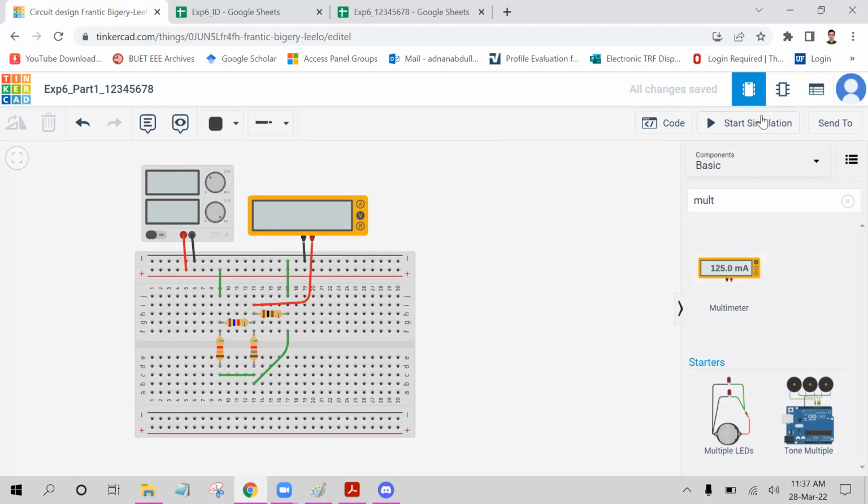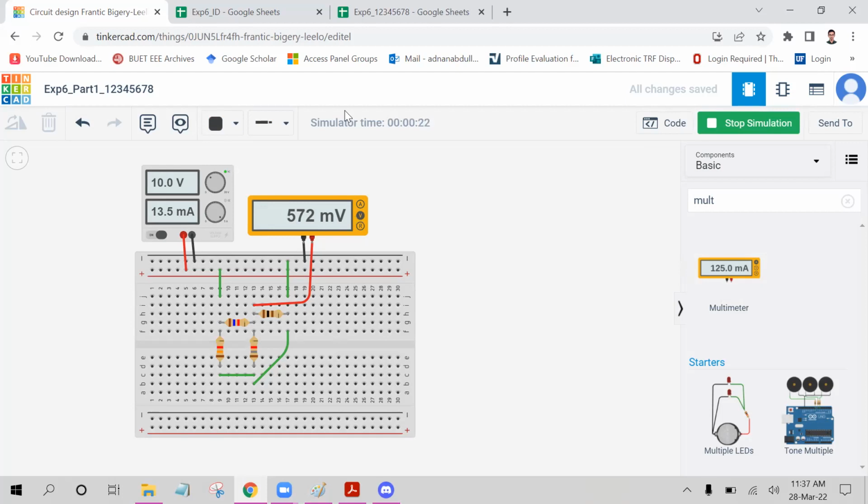So, time for measurement. Please simulate the circuit, and you should be able to see a voltage reading in your multimeter. In my case, the voltage is showing in millivolts. Nothing to worry about, but please make sure that you write this voltage in volt units in your data sheet.